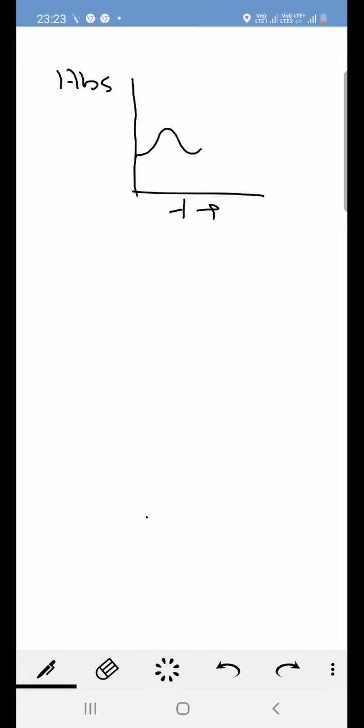So if you plot the absorbance versus lambda, two peaks will be observed. This one is for the transverse and this one is for the longitudinal.